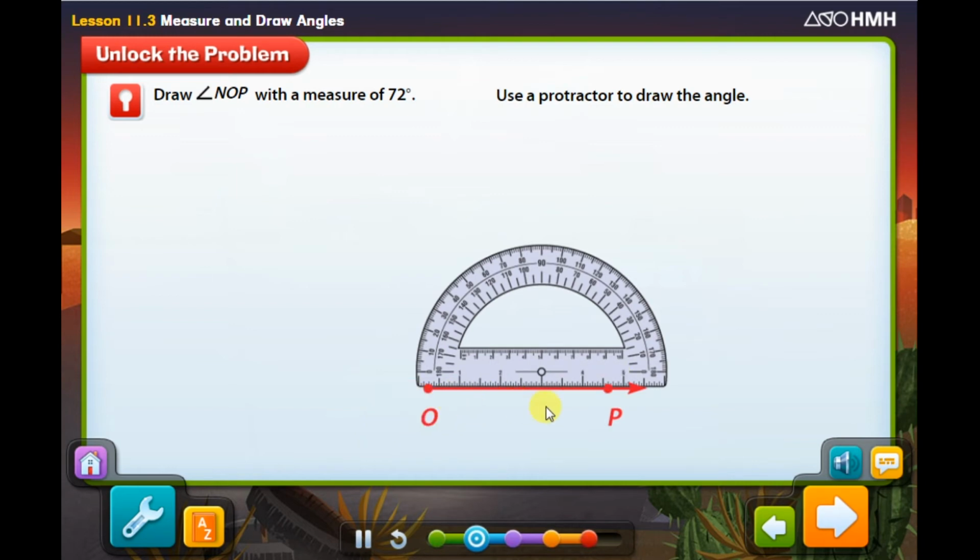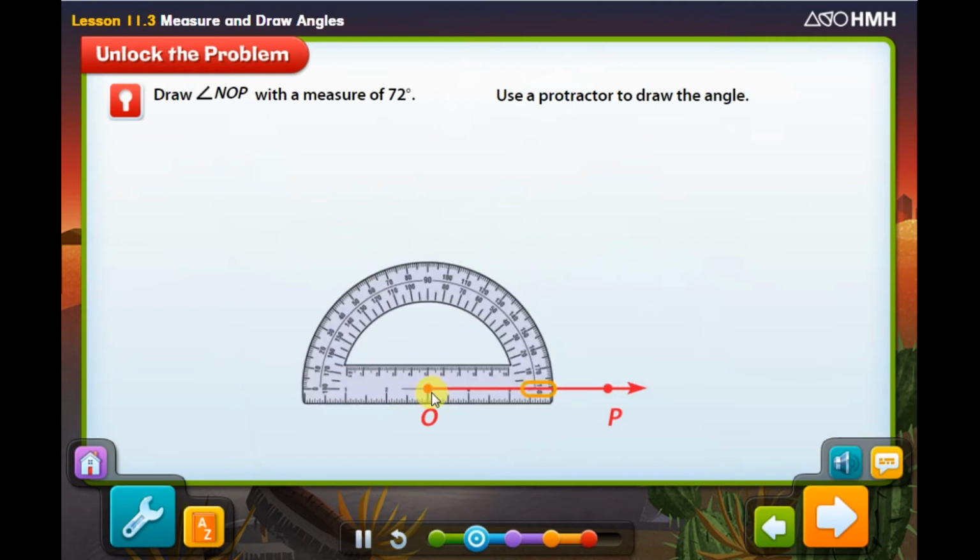Next, place the center point of the protractor on point O. Then we put the center of the protractor on the vertex of the angle, which is O. Make sure to align ray OP with the 0 degree mark on the protractor's inner scale. Now mark a point at 72 degrees using the inner scale. Label it point N. So don't forget to put the lower line with the 0 degree here. It should be totally, properly aligned with that.